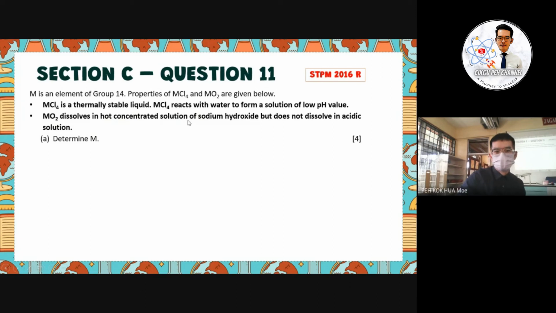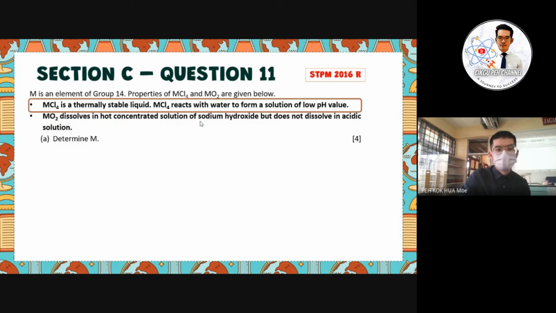The first statement: the N tetrachloride is a thermally stable liquid that reacts with water to form a low pH value solution, right? And the second: the dioxide of the group 14 element dissolves in a hot concentrated solution of sodium hydroxide, but does not dissolve in acid. From here, you have to determine what N is, 4 marks.